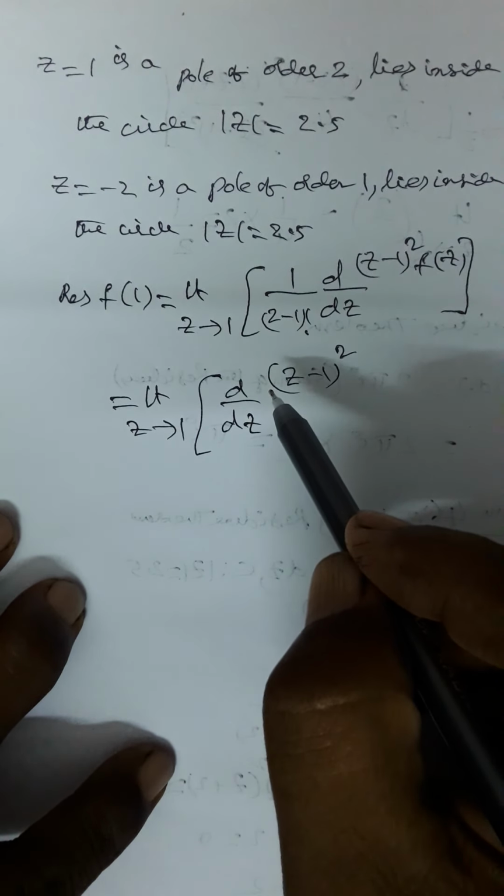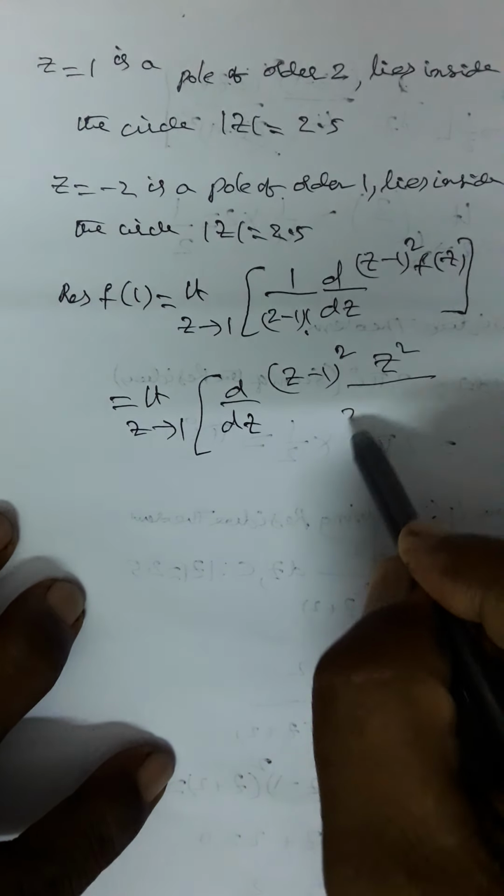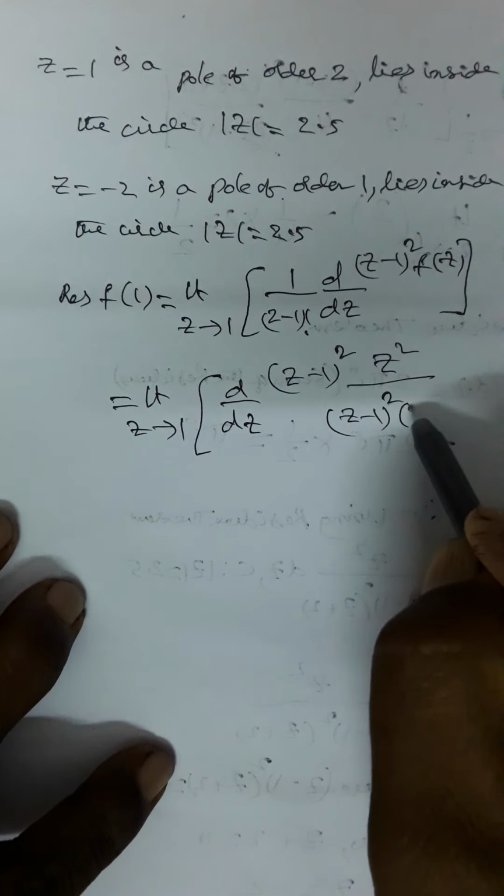What is f(z)? z square by (z minus 1) whole square into (z plus 2).